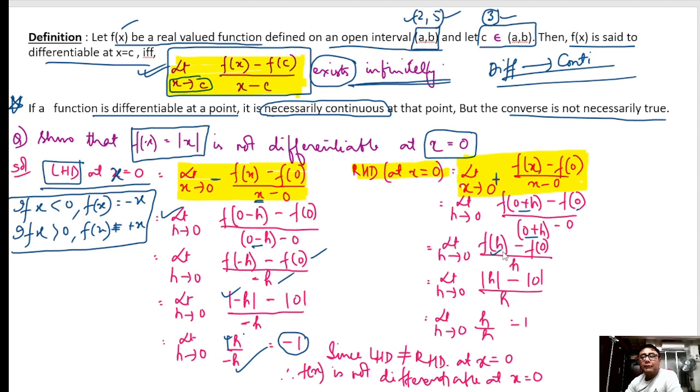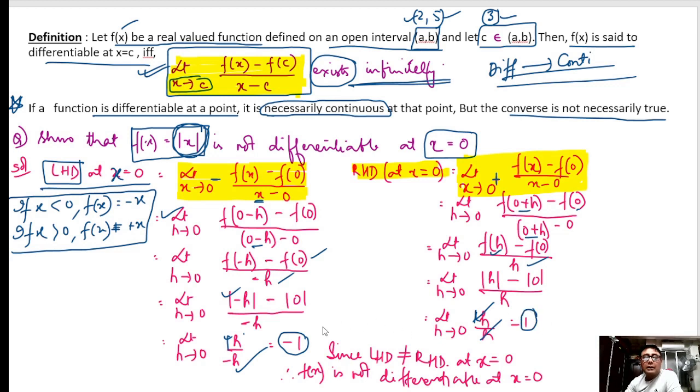So it is f(h) minus f(0) by h, and in place of x I will put h. In place of my function mod x I will put mod h minus 0 by h. So mod h is h, so h by h is cutting and it is giving 1.